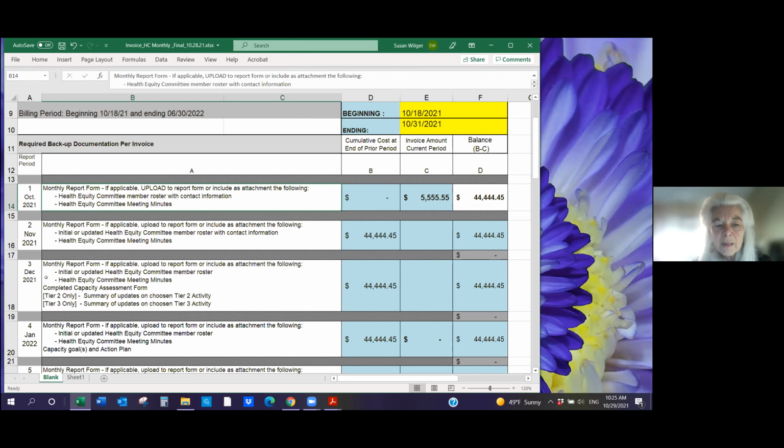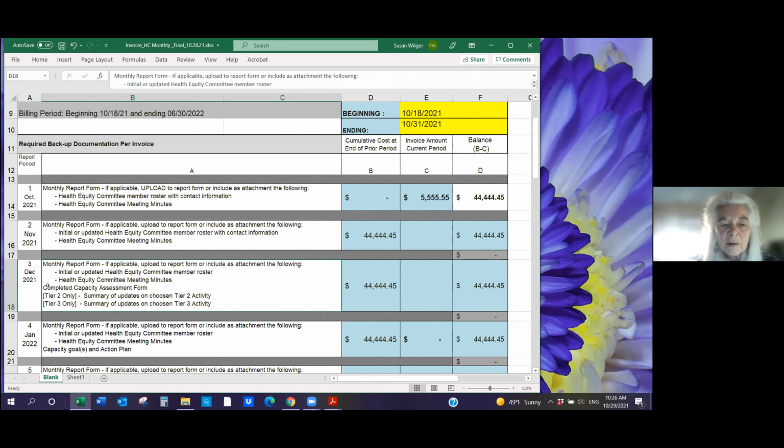Quarterly, beginning in December, there may be a couple of additional reports. So anything that's indented is uploaded to the monthly report. In December, there will be the monthly report with the supplemental reports uploaded.